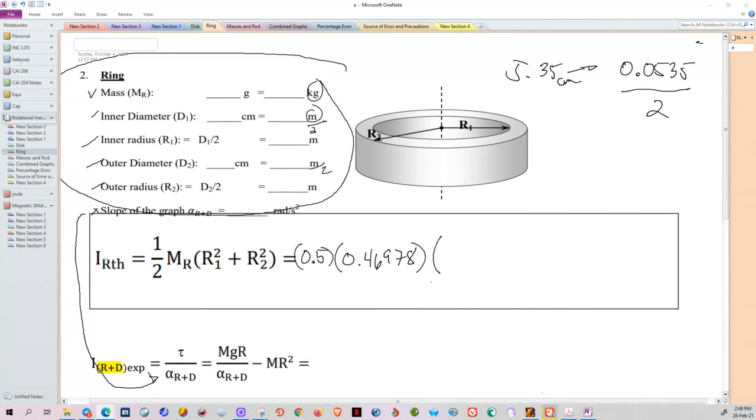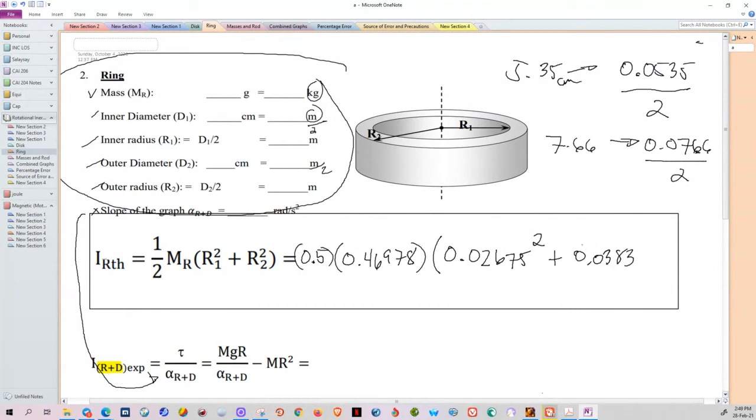Okay. So it becomes 0.02675, because it is radius, not diameter. Squared, plus the outside diameter, 7.66. So 7.66 divide by 100, 0.0766, divide by 2, 0.0383, and then you will square it, right?